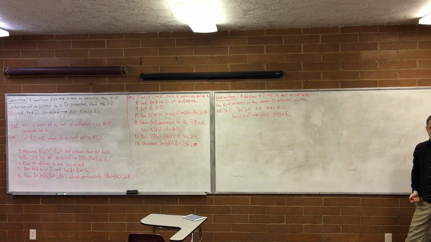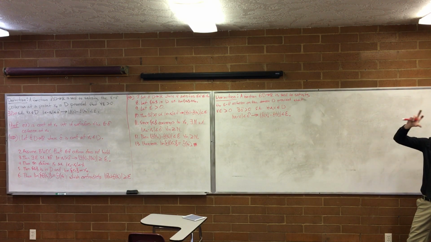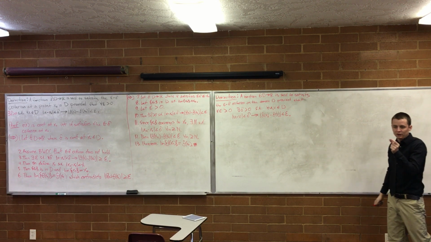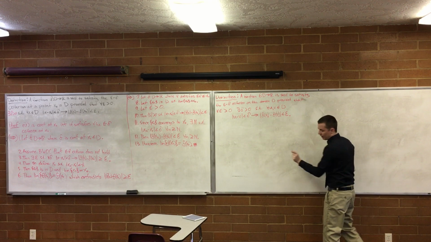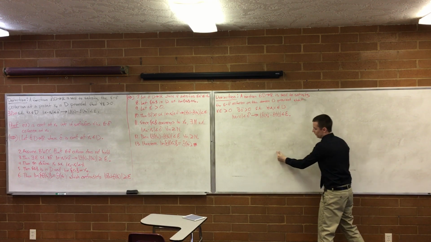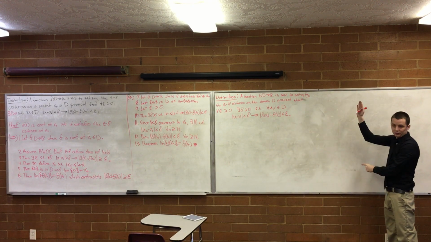The idea was, if I bound the domain to some interval, I can also bound the range to some interval. In other words, I can pick a length of the domain such that anywhere in the domain the range is bounded.